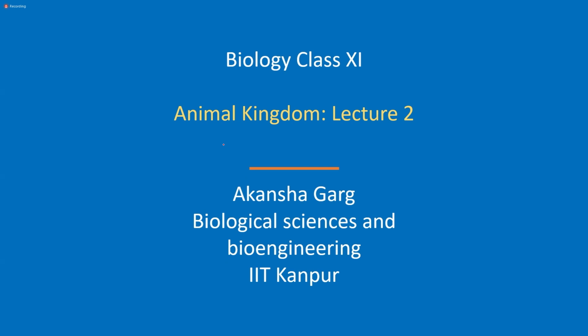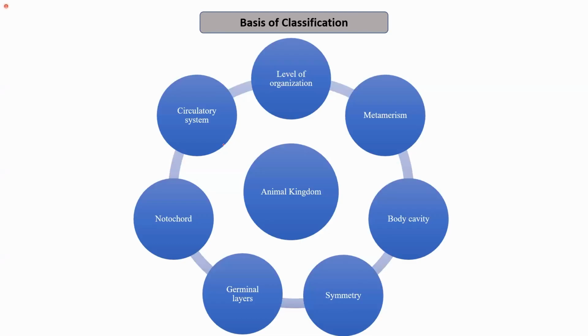So basically, in the last lecture we saw the bases of classification of the animal kingdom into different phyla. The animal kingdom was classified into different phyla on the basis of their level of organization, that is, whether they have a cellular level of organization, a tissue level of organization, or an organ or organ system level of organization.